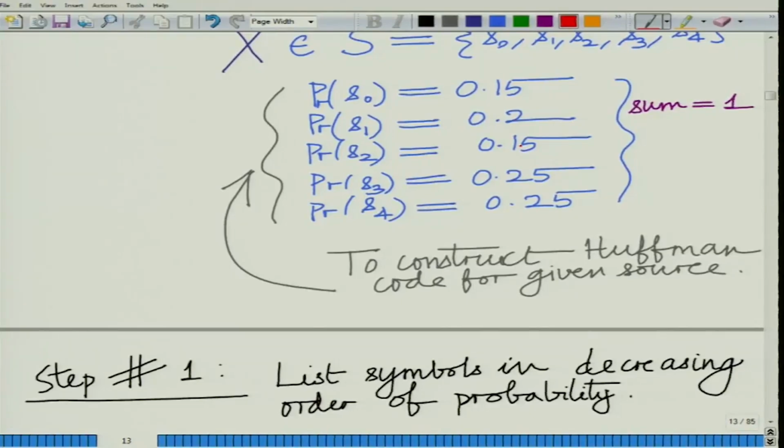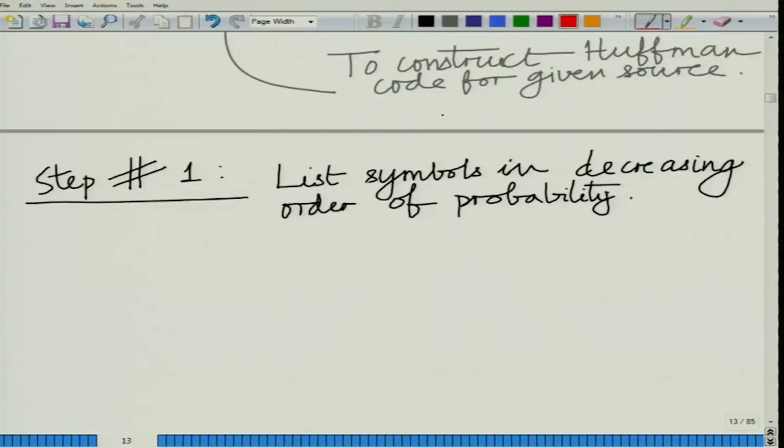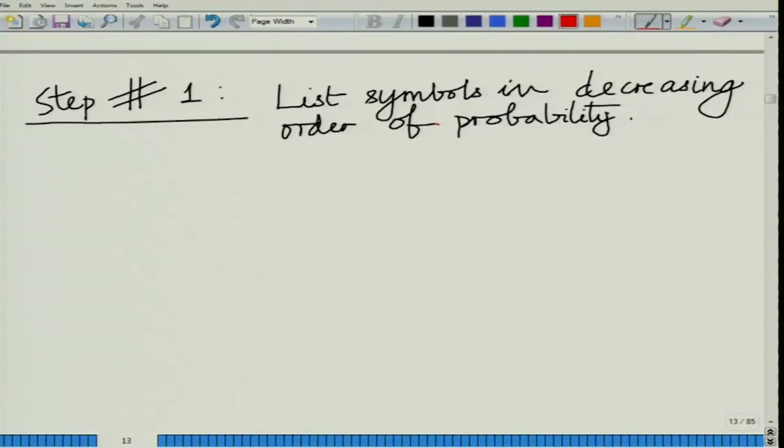If I were to list the symbols in decreasing order of probability, I can arrange them as S3 and S4, which have probability 0.25 each. Let me write that as much to the left as possible, as you are going to see shortly that we keep progressing towards the right.